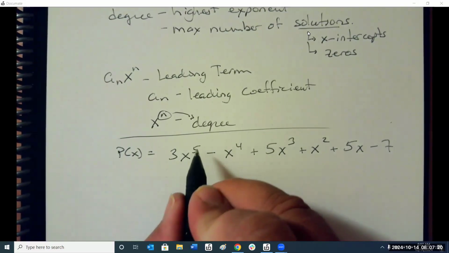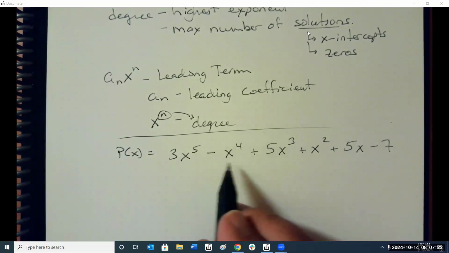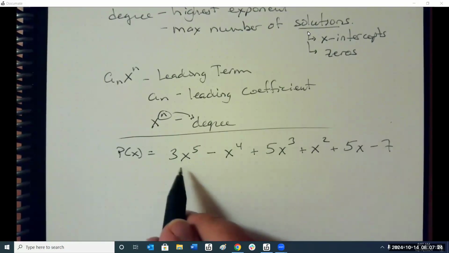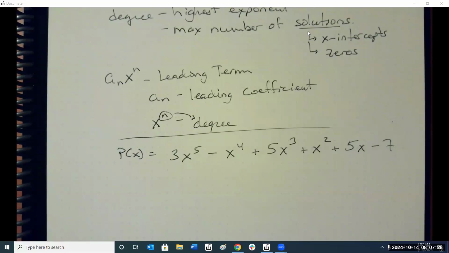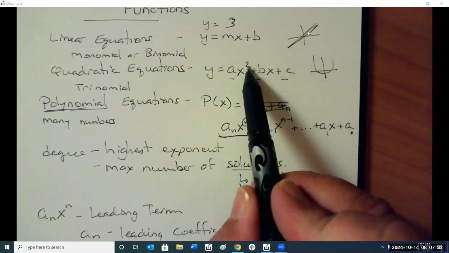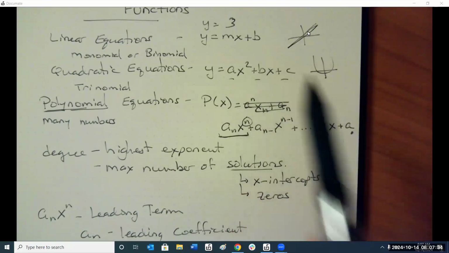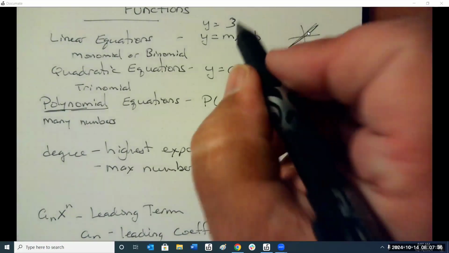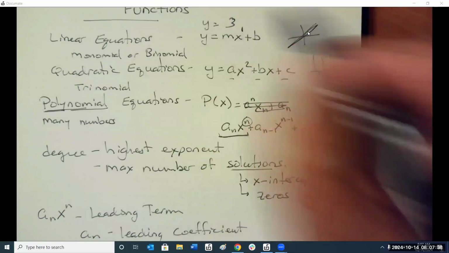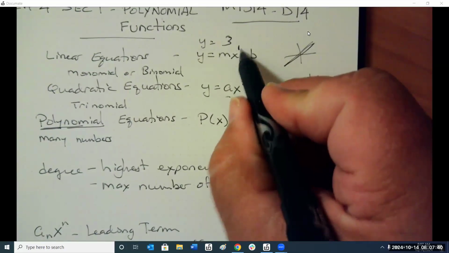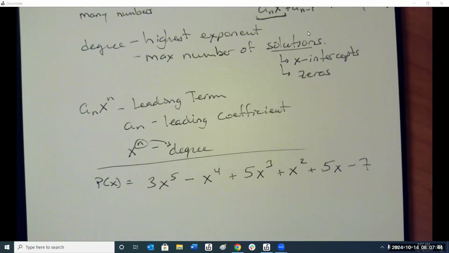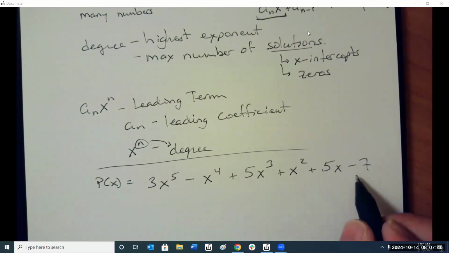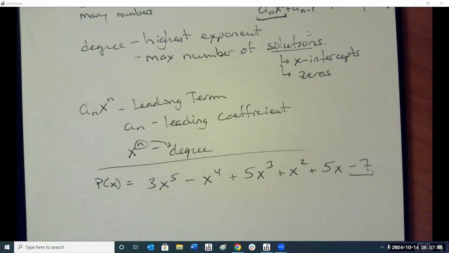The degree is 5, which means 1, 2, 3, 4, 5, but notice we have 6 terms. Same with the quadratic equation. Quadratic was 2, and we have 3 terms. The linear equation, the degree is 1, but we have 2 terms. So there's always one more term than the degree because we have to factor in the constant.